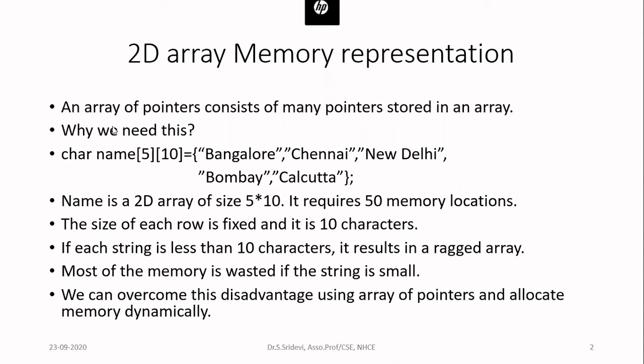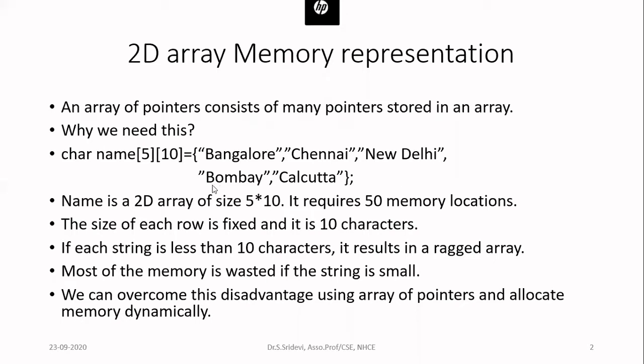Now let us consider this array to store the names of some cities. If you consider this array, it will occupy totally 50 bytes of memory, because every character is going to occupy 1 byte.